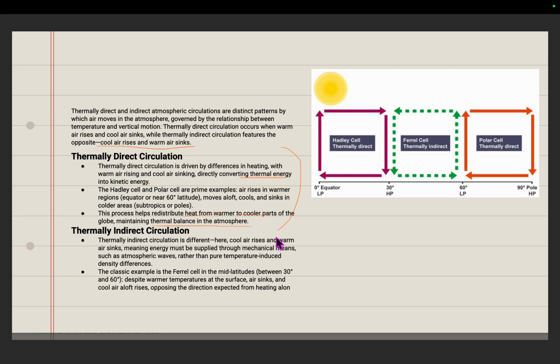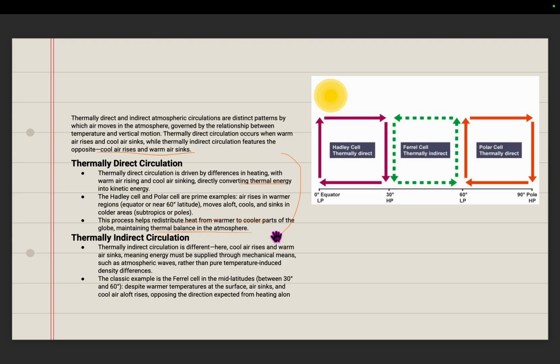But for the Ferrel cell, which occurs from the 30 degree to 60 degree latitude region, the main idea is different. Here the cool air rises and the warm air sinks. You can see the cool air at the 60 degree latitude is rising, and the warmer air here is sinking, meaning that the energy must be supplied through some mechanical means such as atmospheric waves rather than the pure temperature induced density difference.